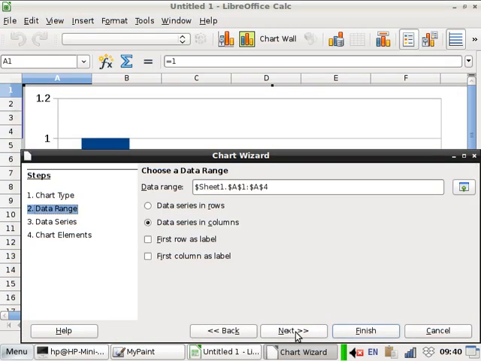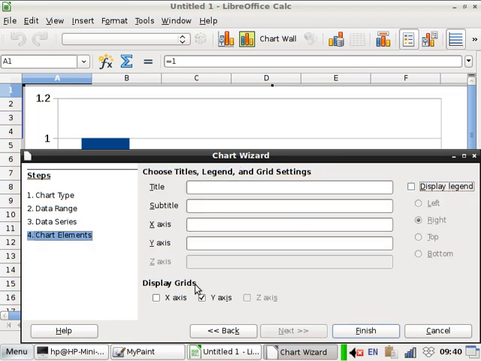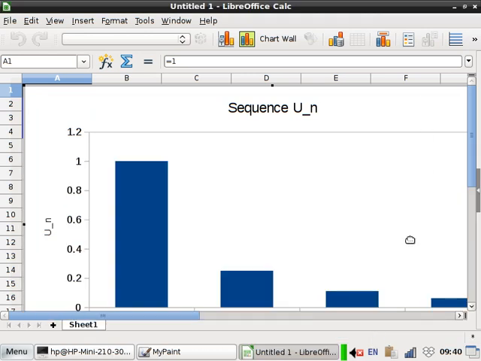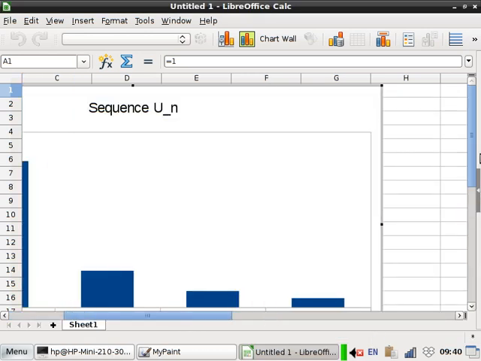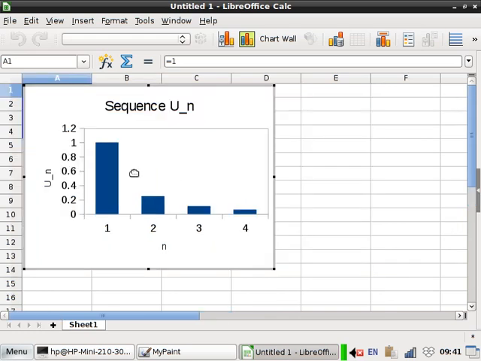So the title is sequence of Un, and the x-axis is the n, and the y-axis is the value Un. So that's what the graph would look like.